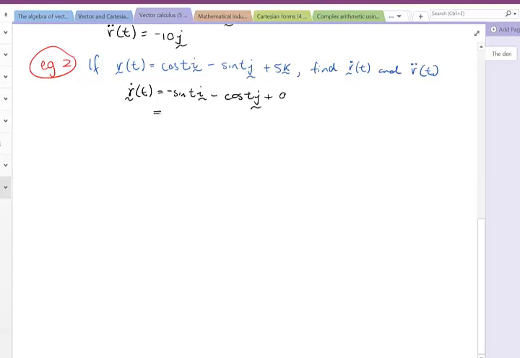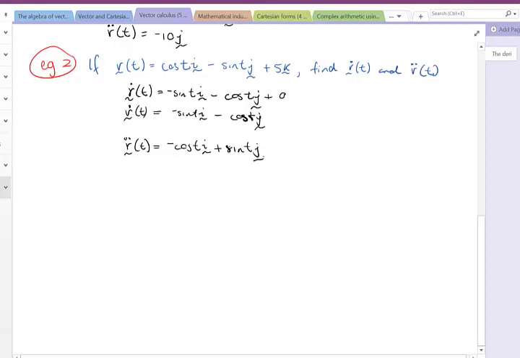So now we're left with that first derivative of negative sine t i subtract cos t j. Now when we look at the second derivative, the derivative of negative sine is negative cos, and the derivative of negative cos will be positive sine. So there's our first derivative and our second derivative.